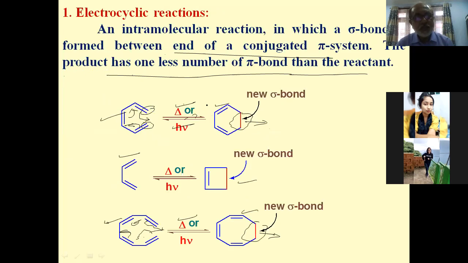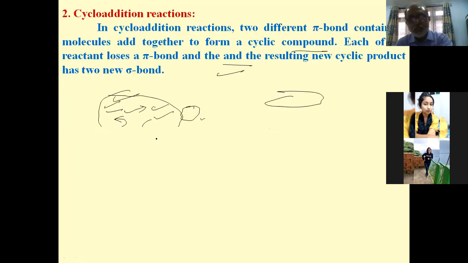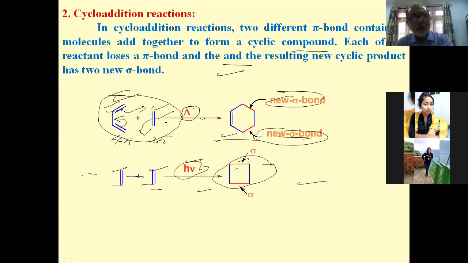Actually, if I see here the electrocyclic reaction, there is a cyclic transition state happening here, and this is the cyclic transition state that is going to happen. And if I come to the cycloaddition reaction, when the reaction takes place, again the cyclic transition state will involve something like this.